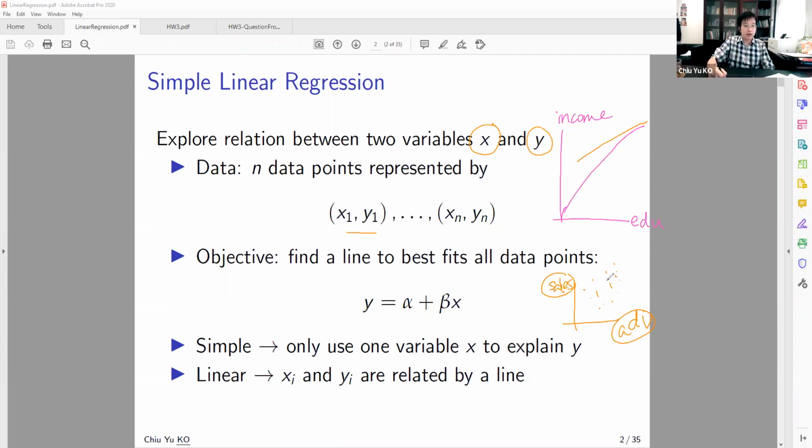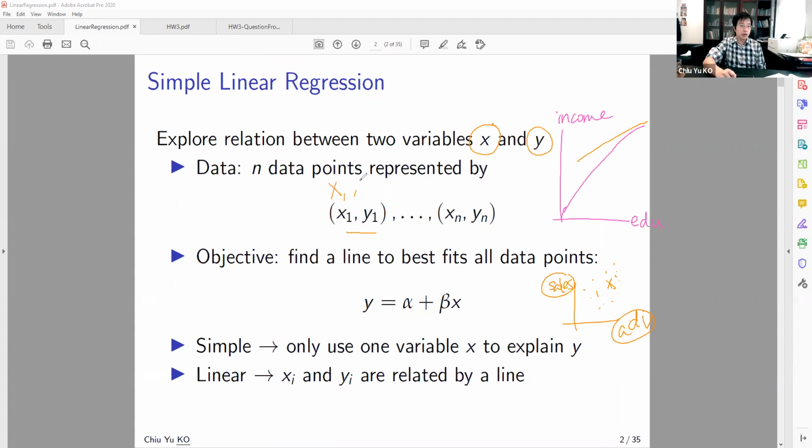And also advertising and sales: each data point represents how much the company has spent on advertising and how much sales were generated, maybe one month after the advertisement has been out, right? It may not be the same time, but you can see they're related, okay? So each data point is a closely related measurement in two dimensions, right? And you cannot swap.